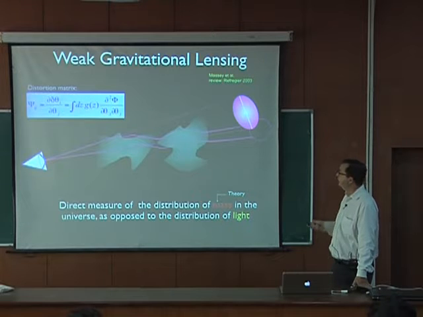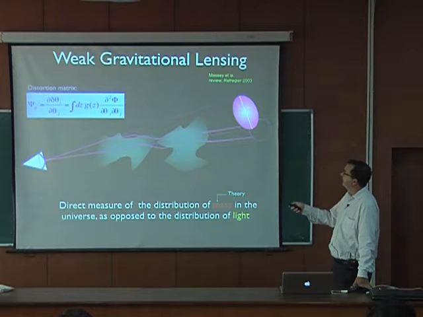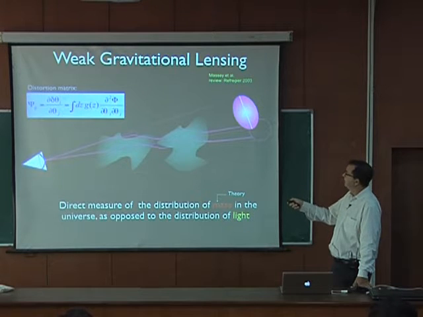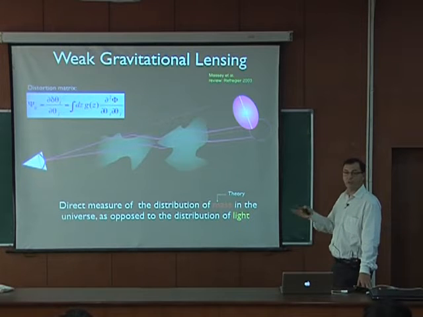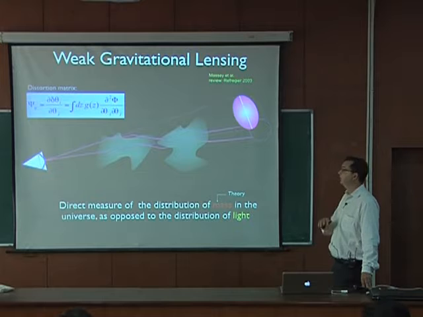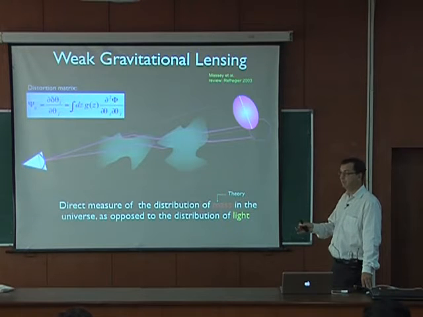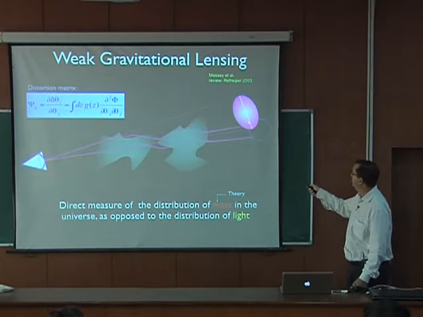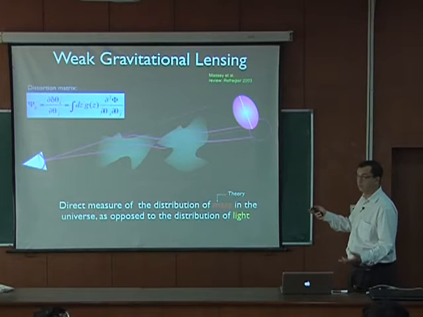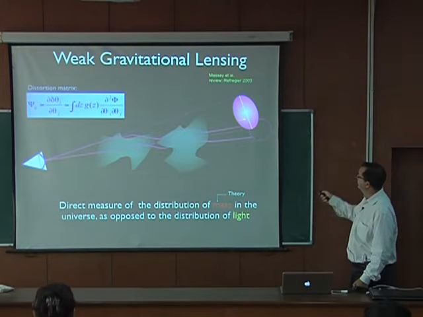And as we saw before, how much this object is distorted can be written as an integral along the line of sight of the derivative of the gravitational potential times a weight function, and these weight functions are entirely known. You saw it was this ratio of distances and so on. So for a given cosmology, we can calculate it. If we know the redshift of the galaxy, we can calculate it exactly as a function of redshift.